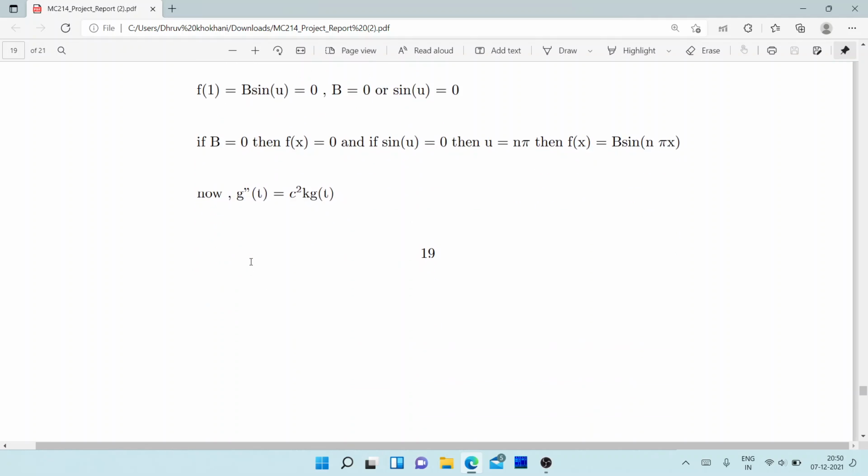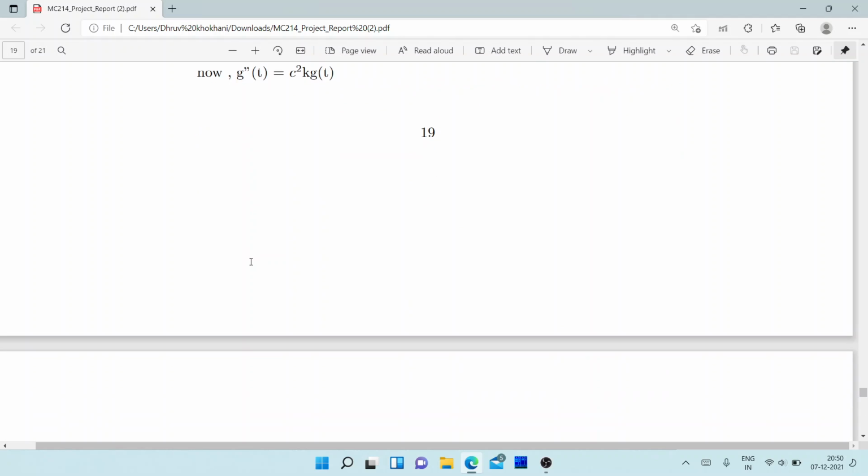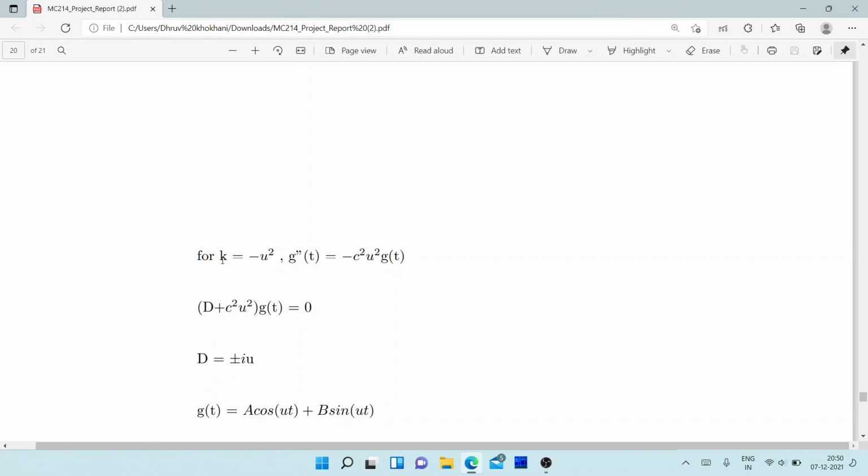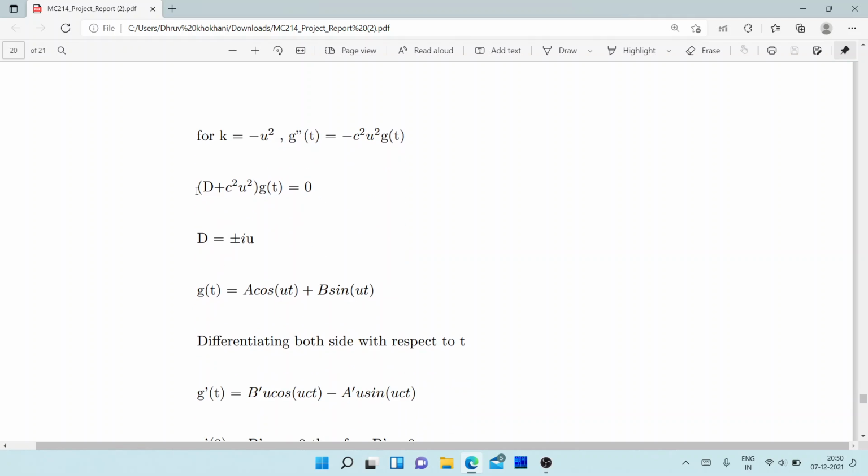Now we solve for function g. Here we get k equal to minus u square. So we put the value of k equal to minus u square, and we solve for g, and we get complex roots.